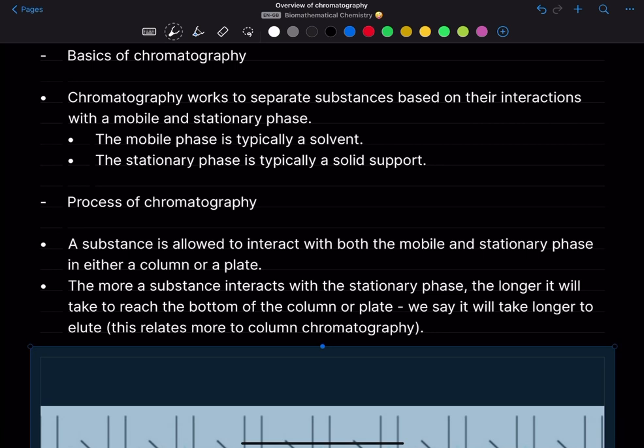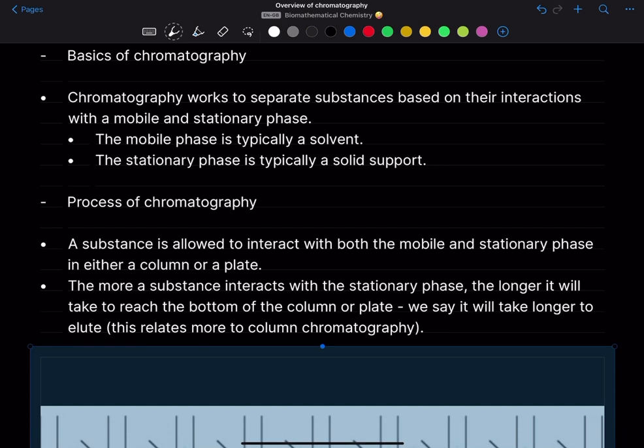Each compound has its own affinity to the stationary and mobile phase, and based on that, it will place itself in a specific position in the chromatogram. If it has a stronger affinity to the mobile phase, it'll move further up.